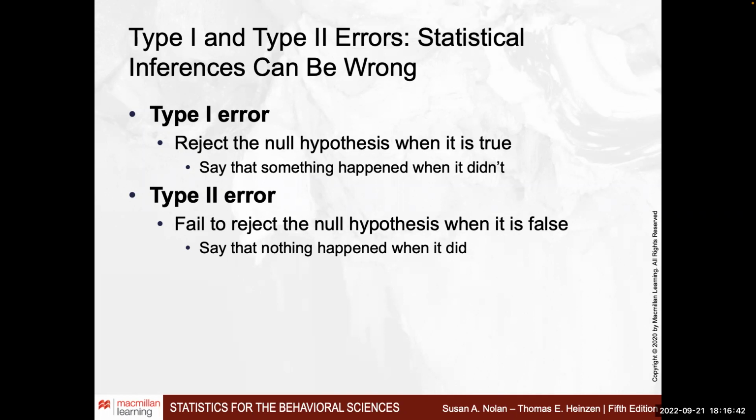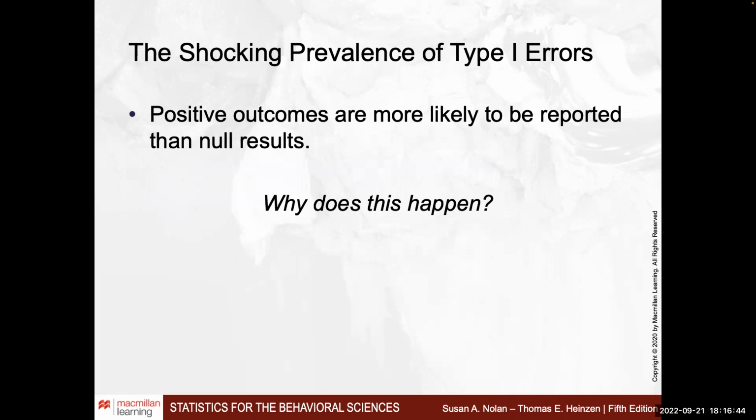Okay, last slide. Shocking prevalence of type 1 error. Positive outcomes are more likely to be reported than null results, and this is a problem because type 1 error should not occur, but people want a significant difference because it publishes better. Unfortunately that's true, and this is the point they want to make.